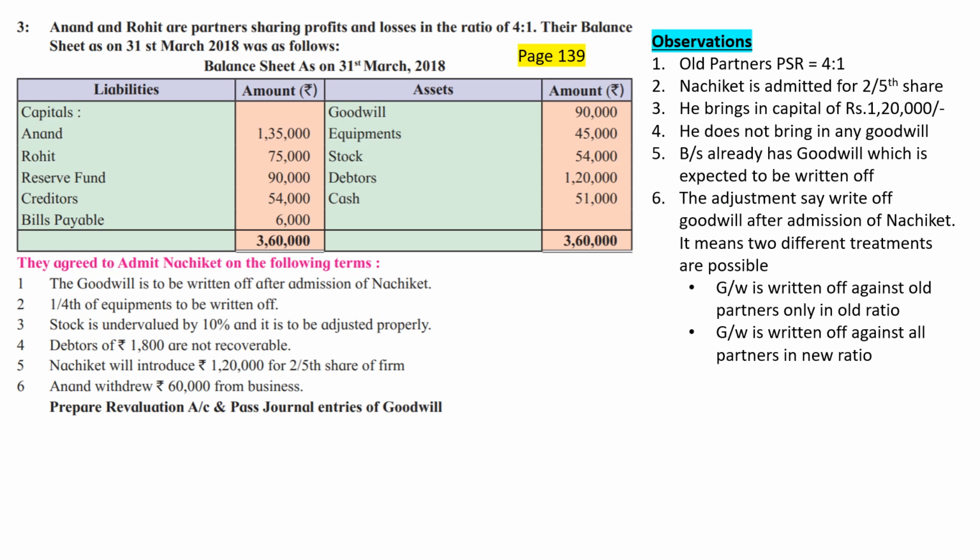After admission of Nachiket, goodwill is to be written off after admission of Nachiket. It means we are going to consider that Nachiket should also be transferred his share of goodwill. So his capital account will get debited.